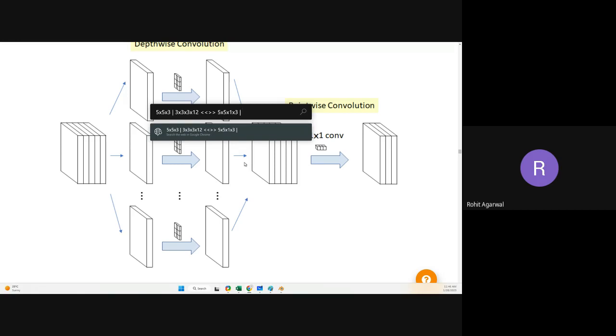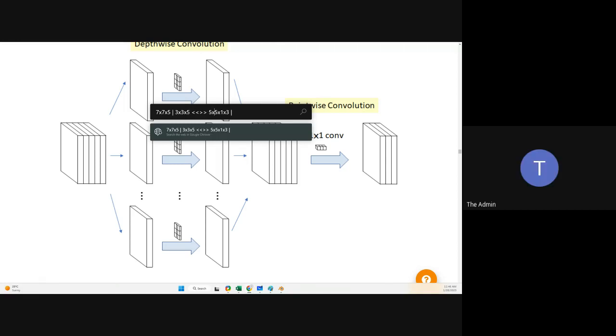That's why 3, because you have 3 input channels. Or let's look at the image and be consistent with the image. In the image we had, let's say, 7 cross 7 cross 5. We have to use a 3 cross 3 cross 5. This is the old way.